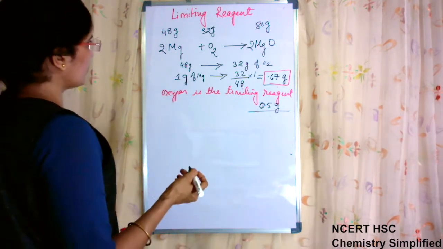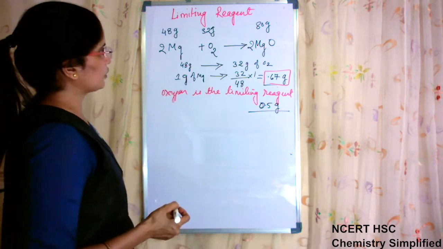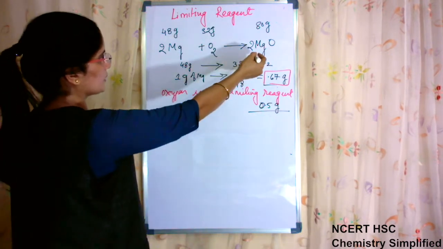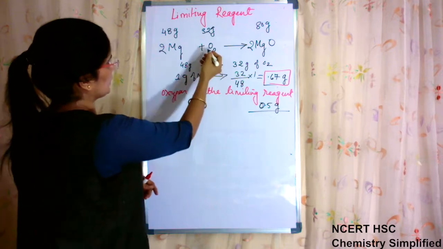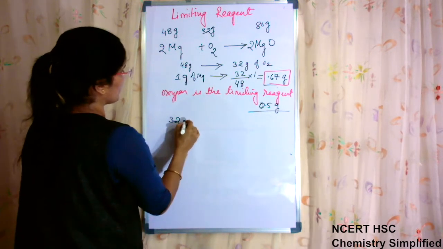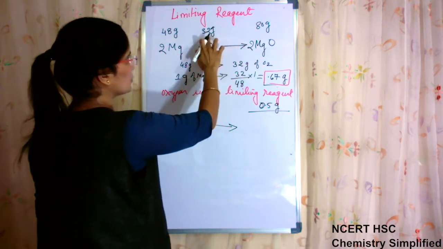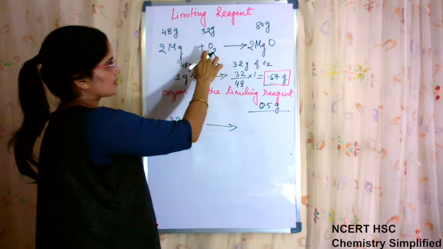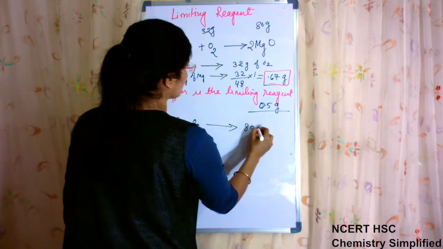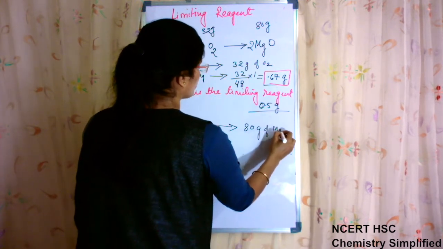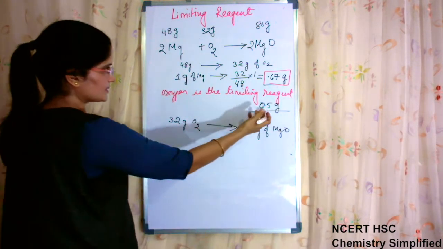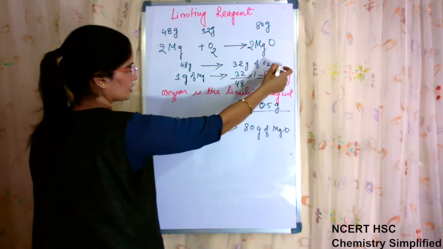Okay, so now we have to calculate the amount of product. According to the balanced chemical equation, 32 grams of oxygen produces 80 grams of MgO. Then how much is available? Only this much, not this much.